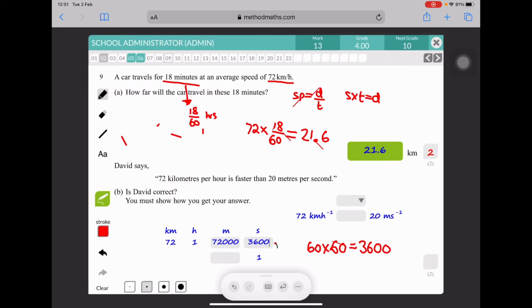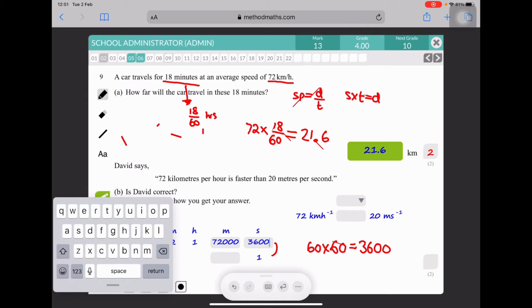And so if you divide this by 3,600, you have to do the same thing to the 72,000. So 72,000 divided by 3,600 is 20. So we have 1 mark. Now here it says 72 kilometers per hour, 20 meters per second.